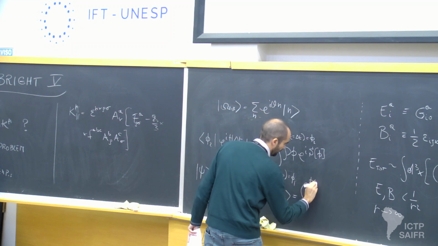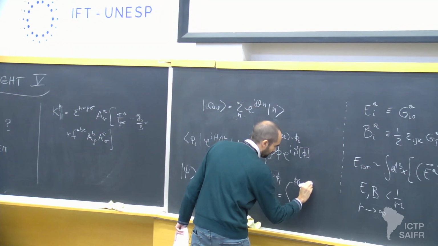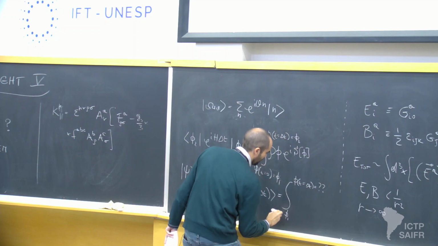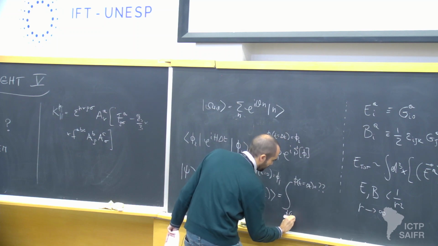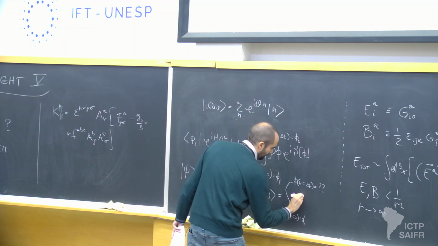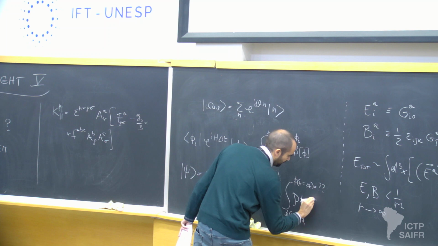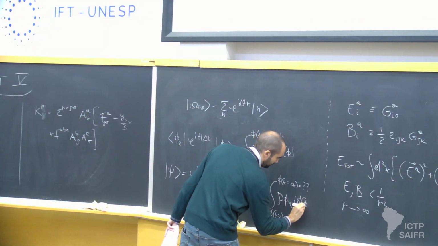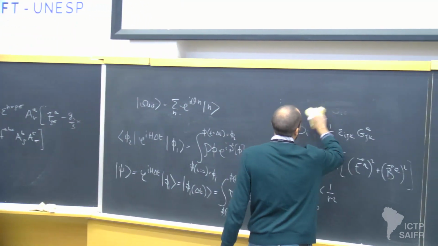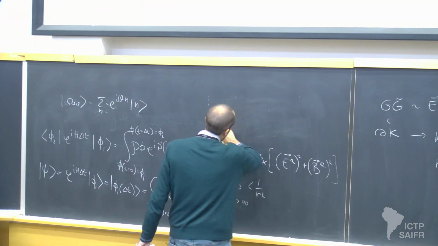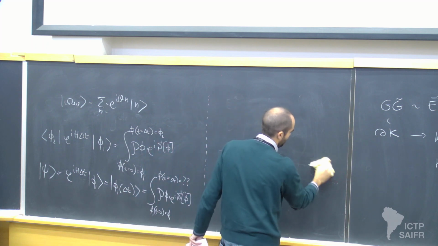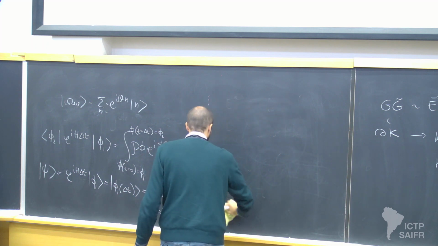So at early times, we have the same boundary condition as before. At late times, we don't specify any boundary condition. And this kind of abstract object is mostly used in applications of quantum gravity.